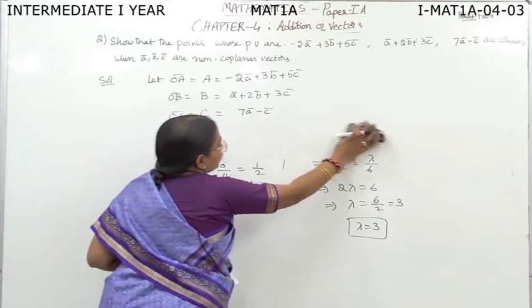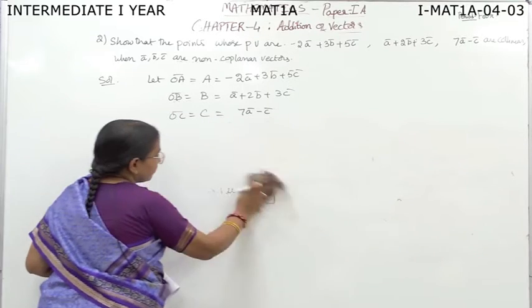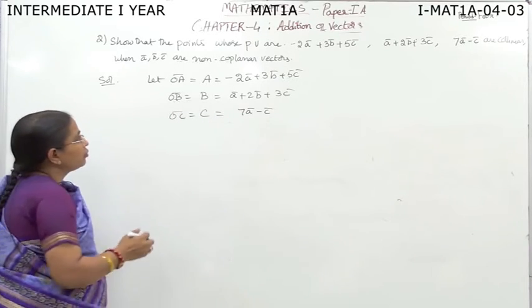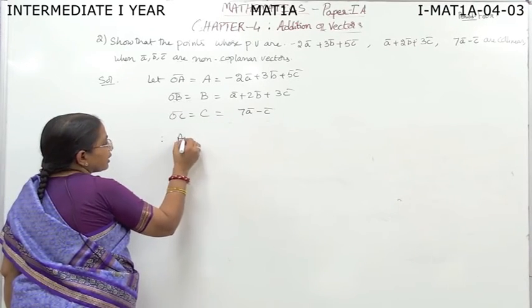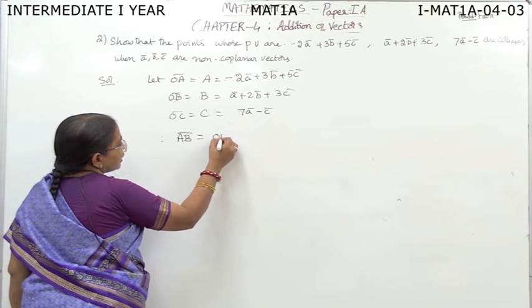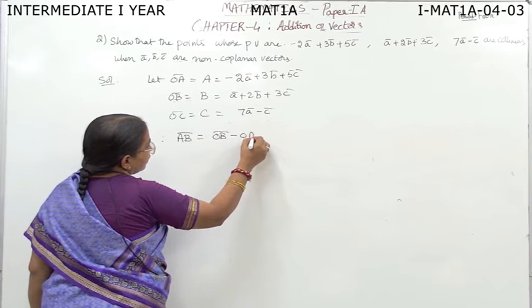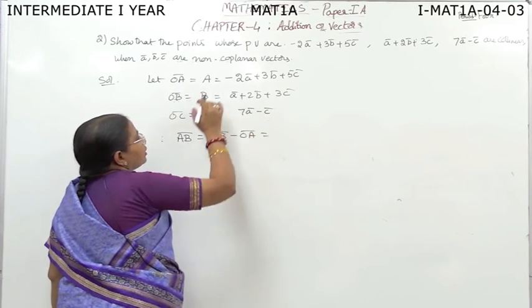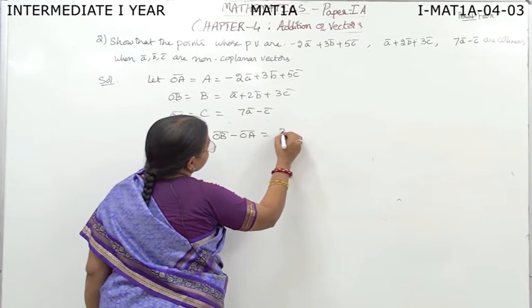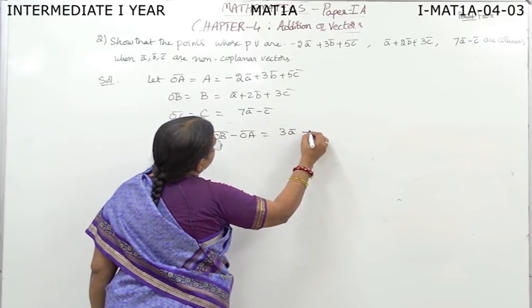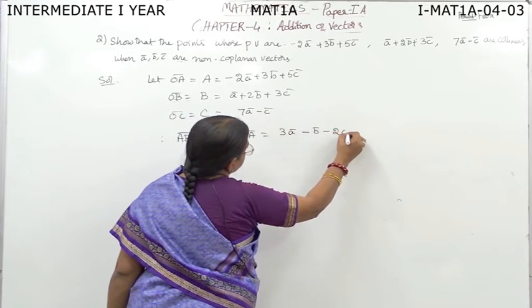Now convert them into two vectors. So what is the AB vector? OB minus OA. When you subtract, you will get 3a minus b minus 2c.